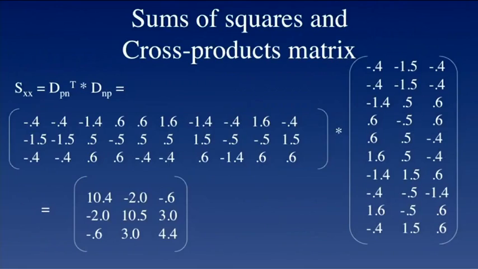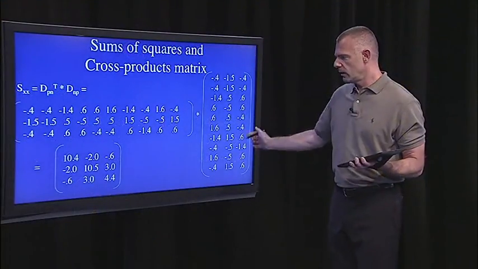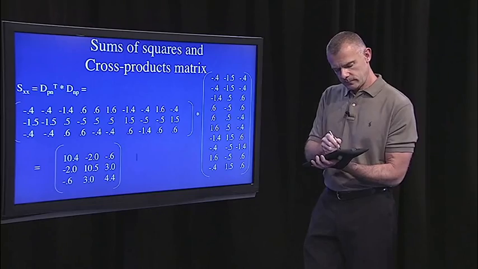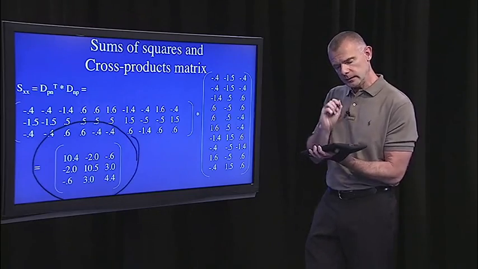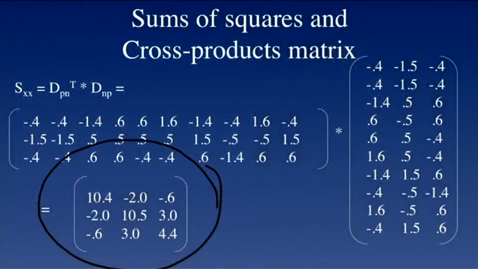So I've just taken that matrix of deviation scores, transposed it, and I'm going to multiply them. Then what I get is really cool. It's a matrix that represents the sum of squares and the sum of cross products.